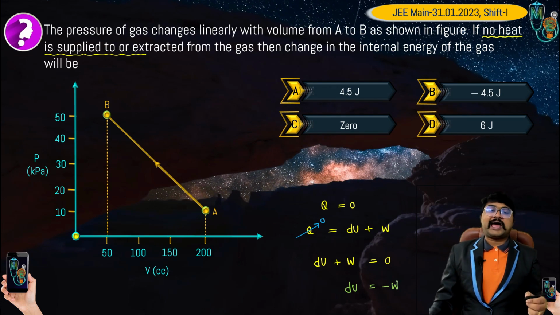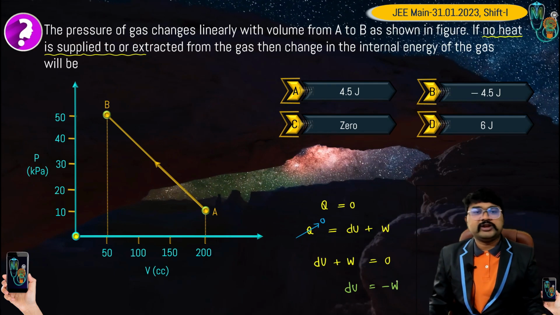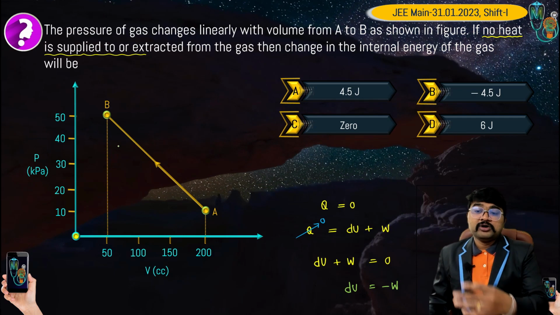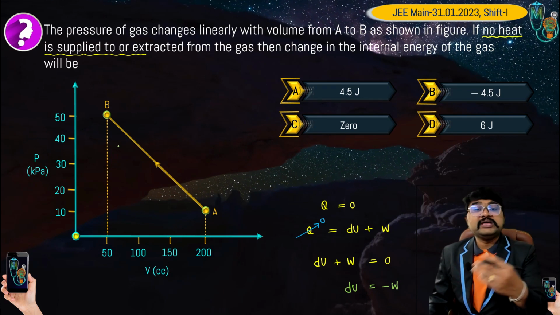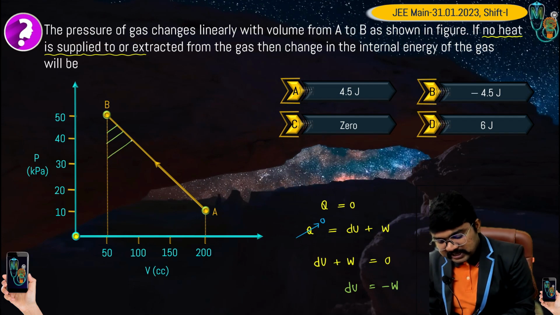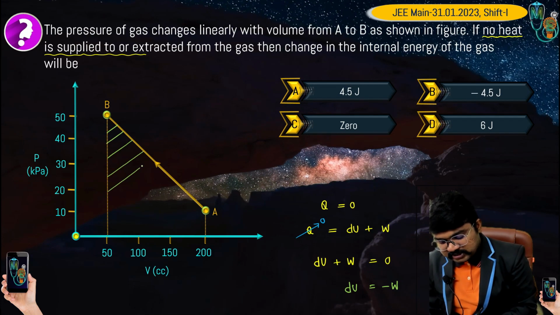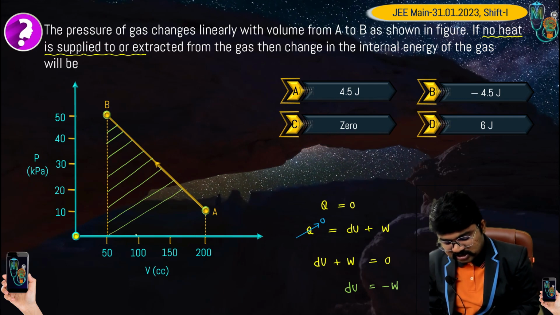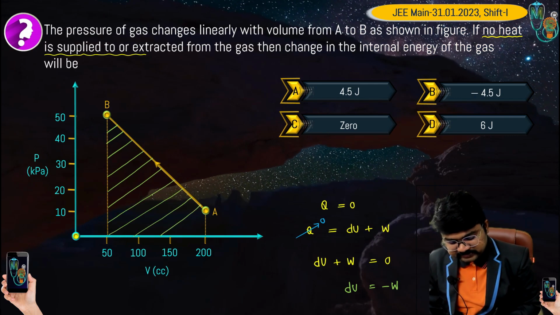So in order to calculate work done, what do we need to do? We need to calculate the area under the curve, the area under the PV diagram. We need to project the area onto the x-axis, or volume axis.